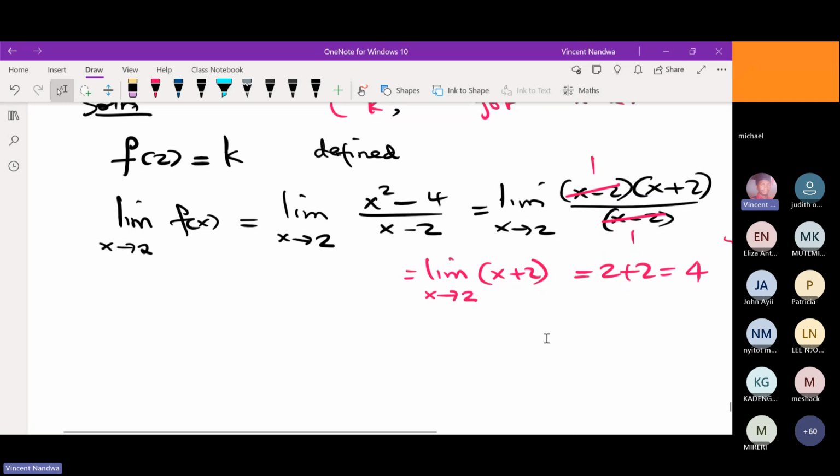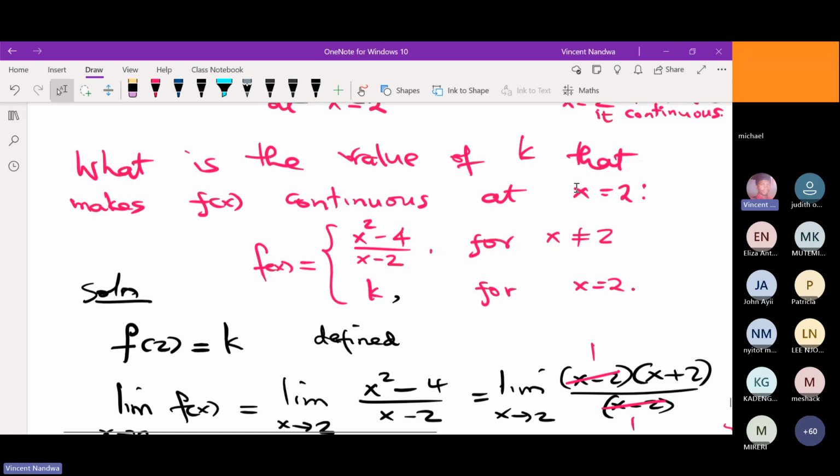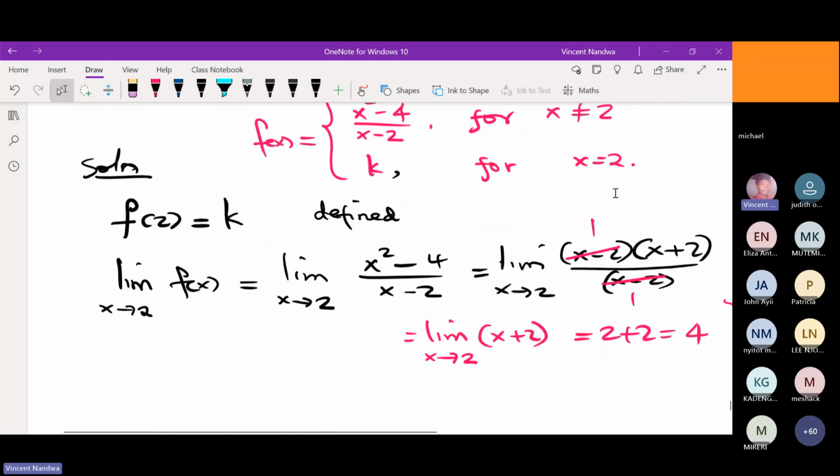And now, remember, we are looking for the condition which makes this function continuous at x equals 2. For the function to be continuous at x equals 2, there are 3 things to be satisfied. First, f of 2 should be defined. Second, the limit as x approaches 2 of f of x should exist. And third, the value of the limit as x approaches 2 should be the same as the value of the function at x equals 2.